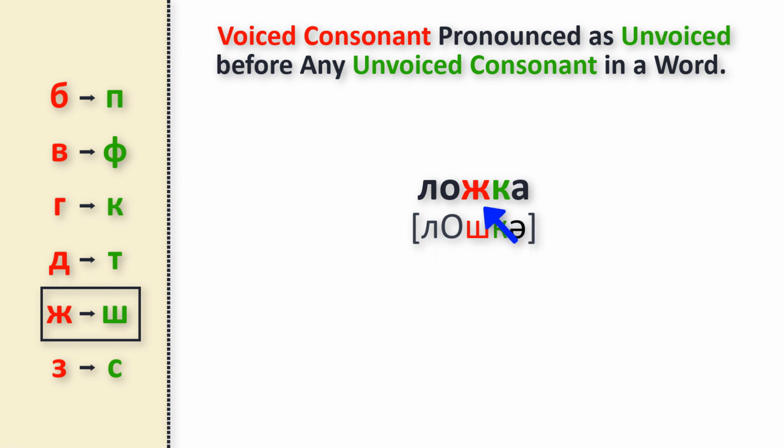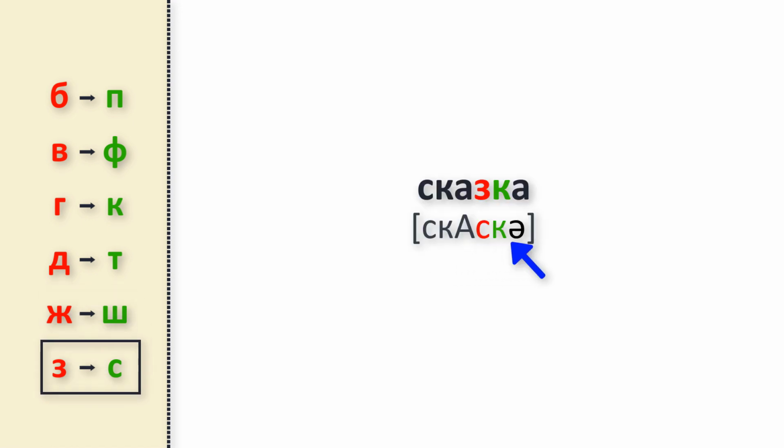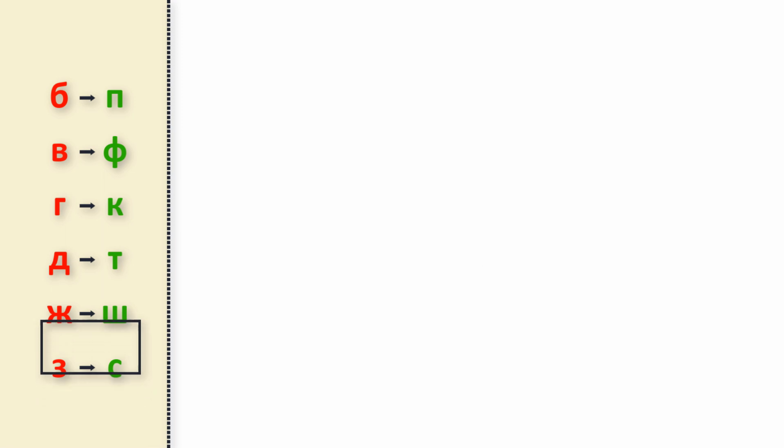Because the voiced consonant j comes in front of the unvoiced consonant here, the letter j is pronounced like sh. More examples here. Сказка, сказка. Here we see that the letter z is pronounced like s because it comes before the unvoiced consonant k.